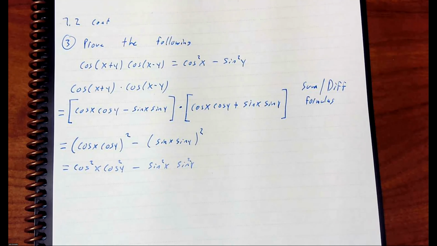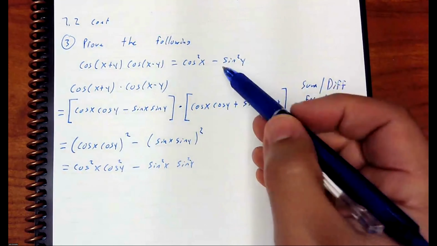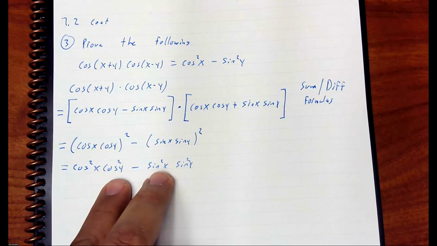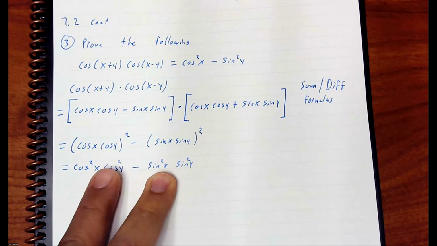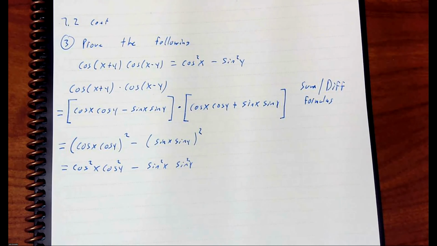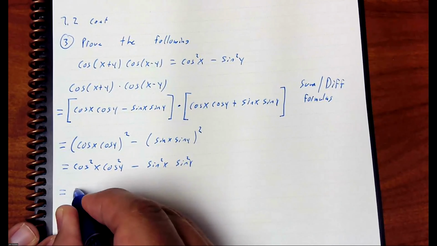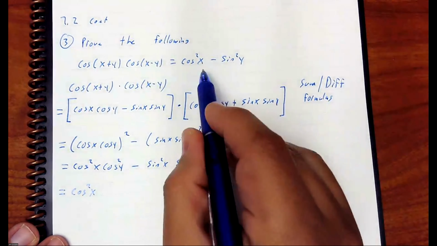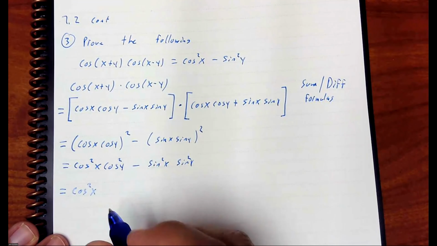So what I'm thinking is the answer only has a cosine x and a sine y. So let's mess with these two, the cosine y and the sine x, to change those into something else. I'm not going to mess with the stuff that I want. I want it to be cosine x, so I'm not messing with that.